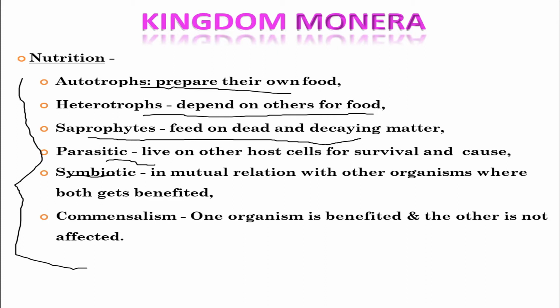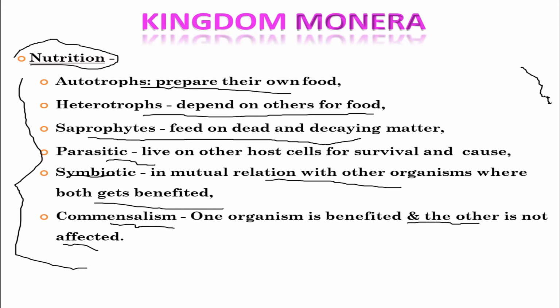Symbiotic ones are in a mutual relationship with other organisms where both benefit, and commensalism is the opposite of symbiosis, where one organism is benefited and the other is affected. These are some of the basic things that I've already covered in previous videos, so you may check them out. So these were the nutrition types of Kingdom Monera.